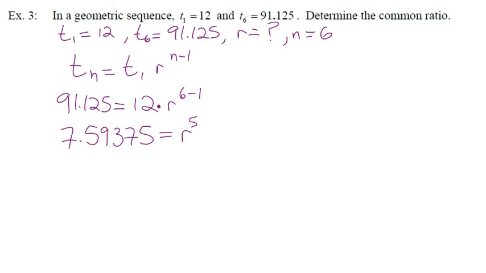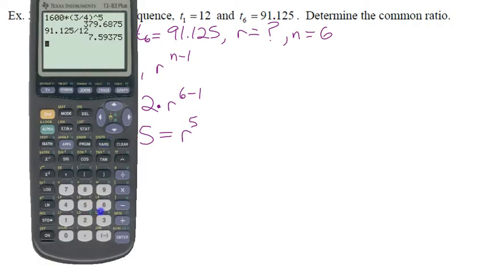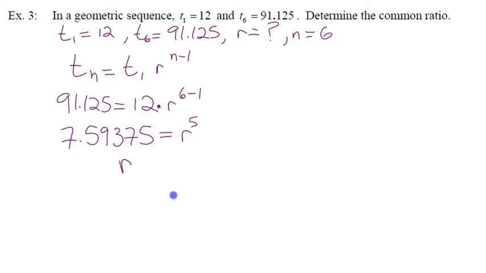I can go 5 math 5, which is the xth root, so I want the 5th root of, then go second function answer to bring that number in, and hit enter, and it's 1.5, which we can express as a fraction. Just go math, enter, enter, and 3 over 2. So R is equal to 3 over 2.